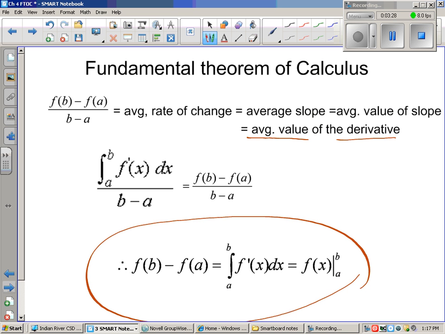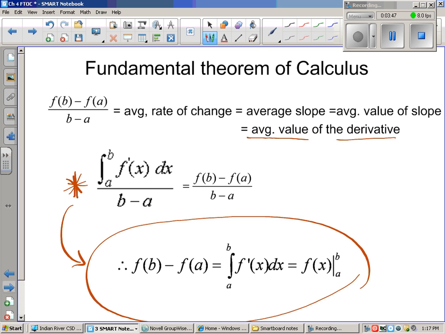Now try and see if you can follow from this second step here to this one we've circled. If you look at it, they're both divided by the b minus a there. Hopefully you can kind of see that. In fact, that's really what we're saying.